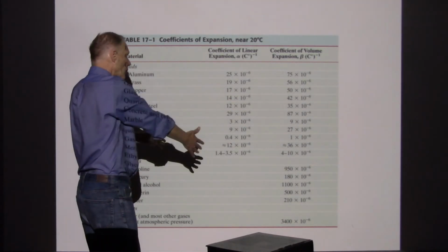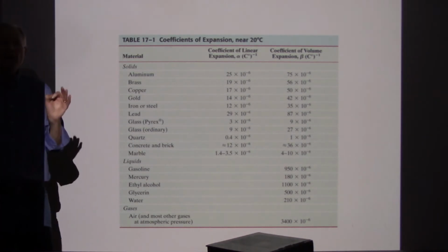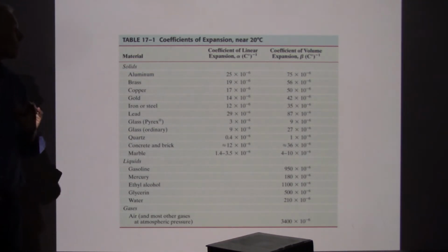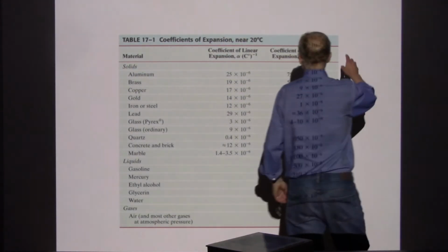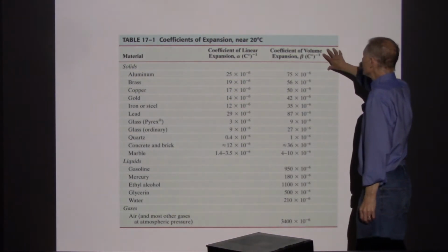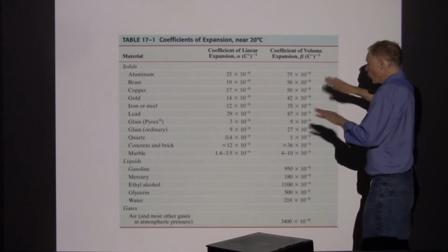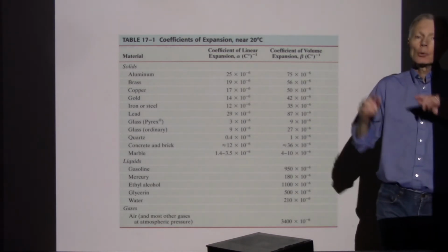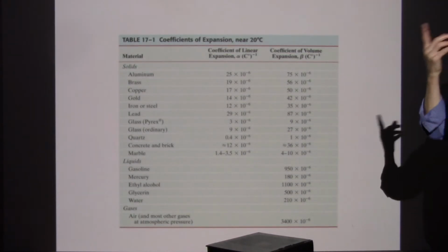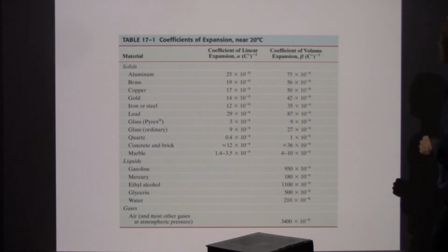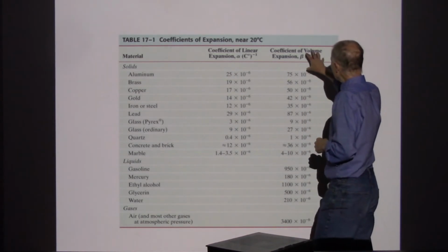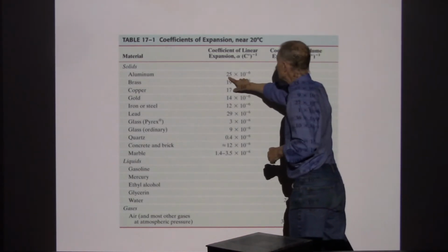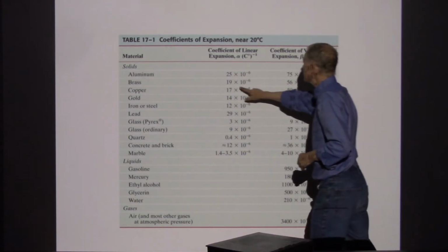Now, there's a whole column of these one-dimensional linear expansions. And there's also a column of what we call volume expansions. The formulas work the very same way. We take out the lengths and put in volumes instead. It turns out that because these are small effects, going to 3 dimensions actually just results in multiplying the number by 3.